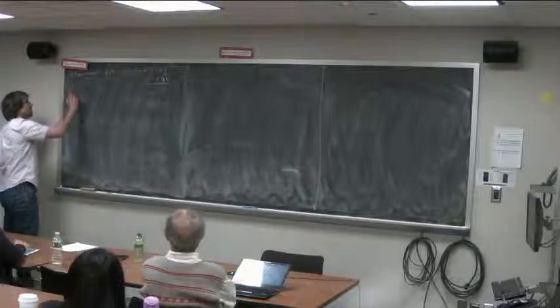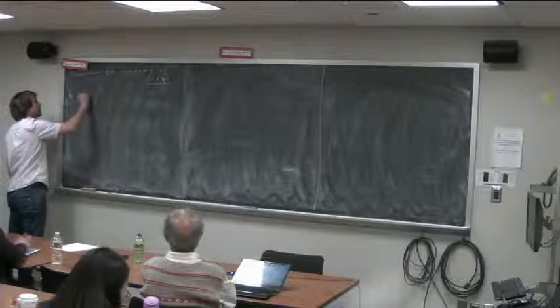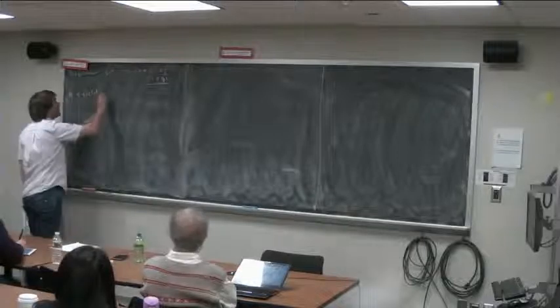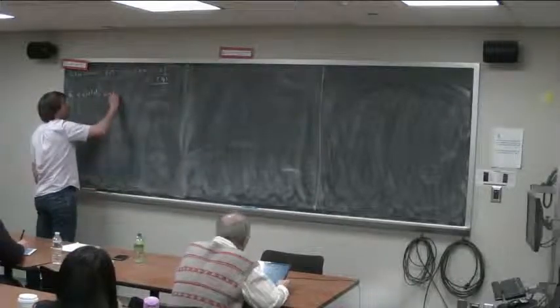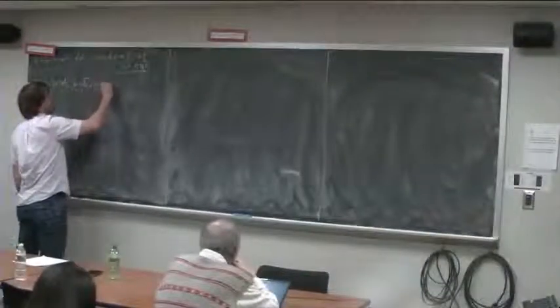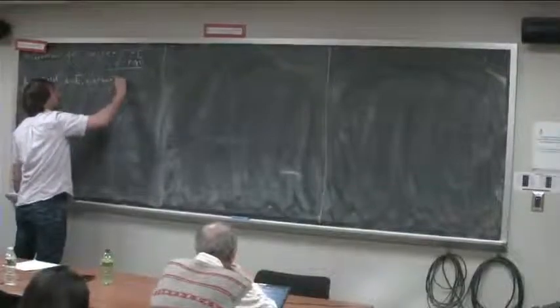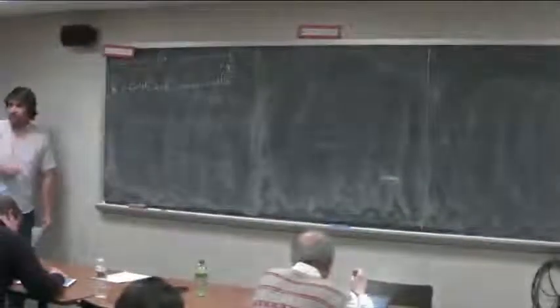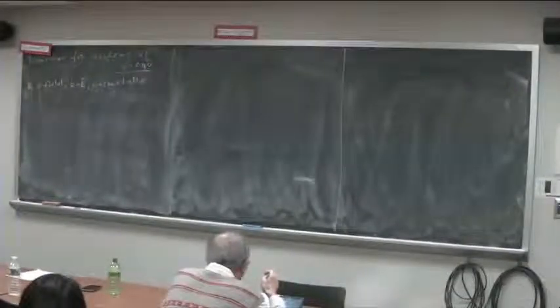K will always be a difference field, so it's just a field with an endomorphism. And to keep the presentation simple, I'll assume that K is algebraically closed and uncountable. These assumptions are not really necessary, but just to keep things simple.